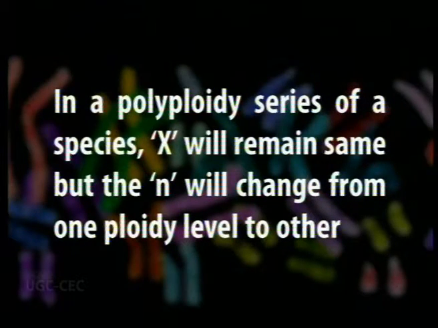Say for example, we have hexaploid wheat, where x remains 7 and n is 21. In case of tetraploid wheat, the x will remain the same, that is 7, whereas n will be 14.